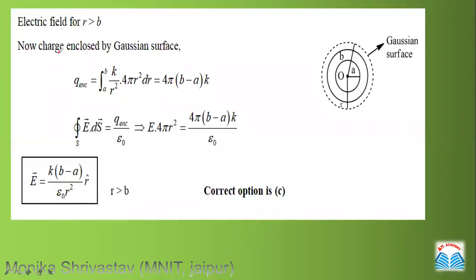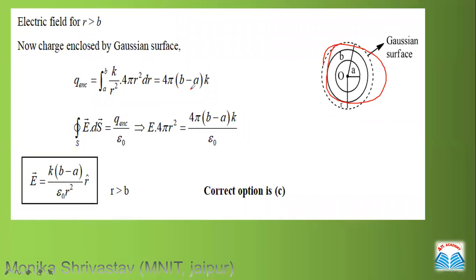Okay. For r greater than b, our Gaussian surface will be outside this bigger sphere. So now the charge enclosed by the Gaussian surface will be the whole charge enclosed in this symmetry. So the integral will now be from a to b, the whole shell.